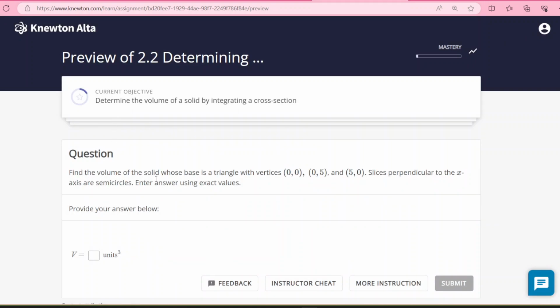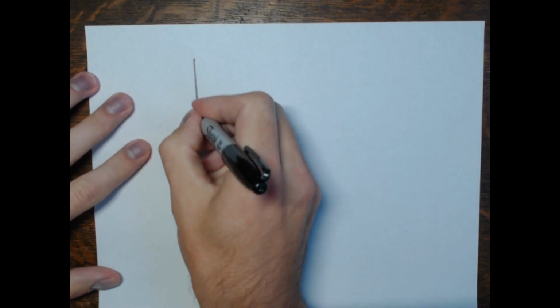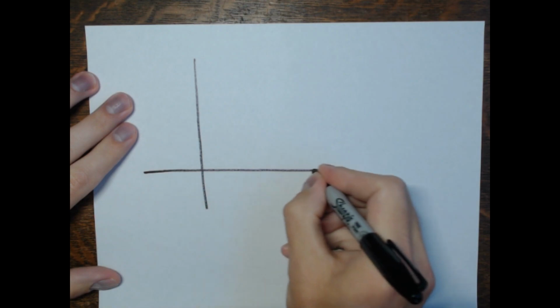So find the volume of the solid whose base is a triangle with these vertices. Slices perpendicular to the x-axis are semicircles, half of circles. And find the volume of the three-dimensional figure. All right, so back to my paper. The region that's going to be the base of this 3D figure is a triangle, they said.